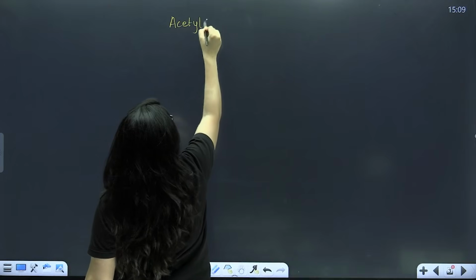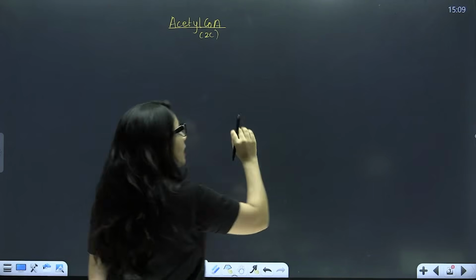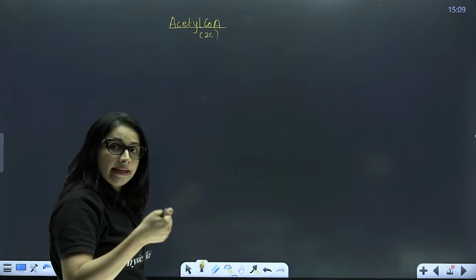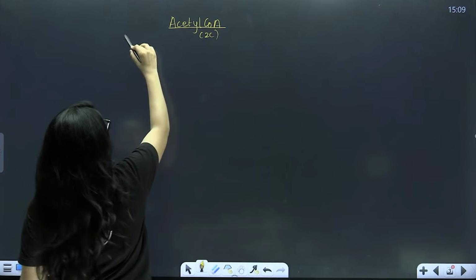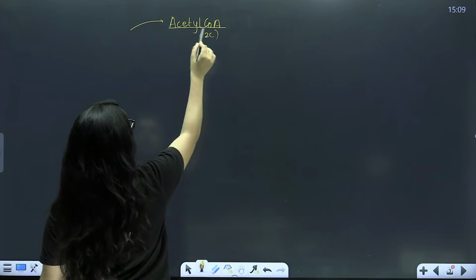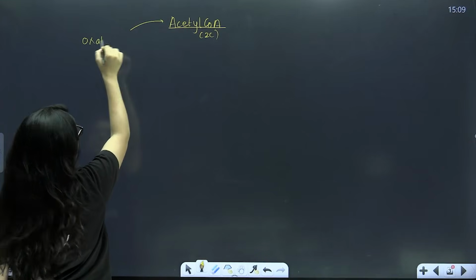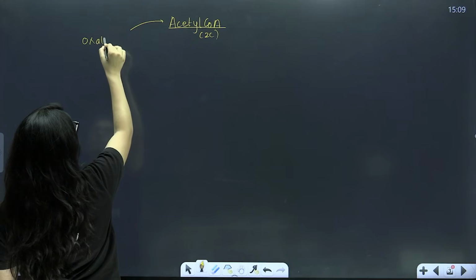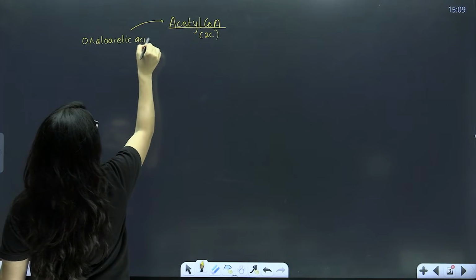So what do you have? You have a 2-carbon compound, acetyl coenzyme A, that came from link reaction, in the matrix of mitochondria. Now this acetyl coenzyme A, a 2-carbon compound, condenses with a 4-carbon compound which is oxaloacetic acid.